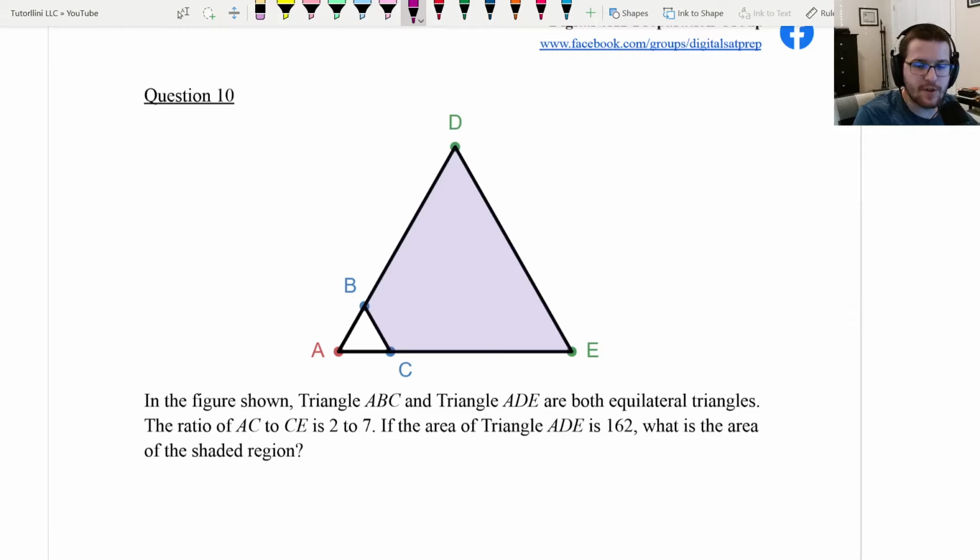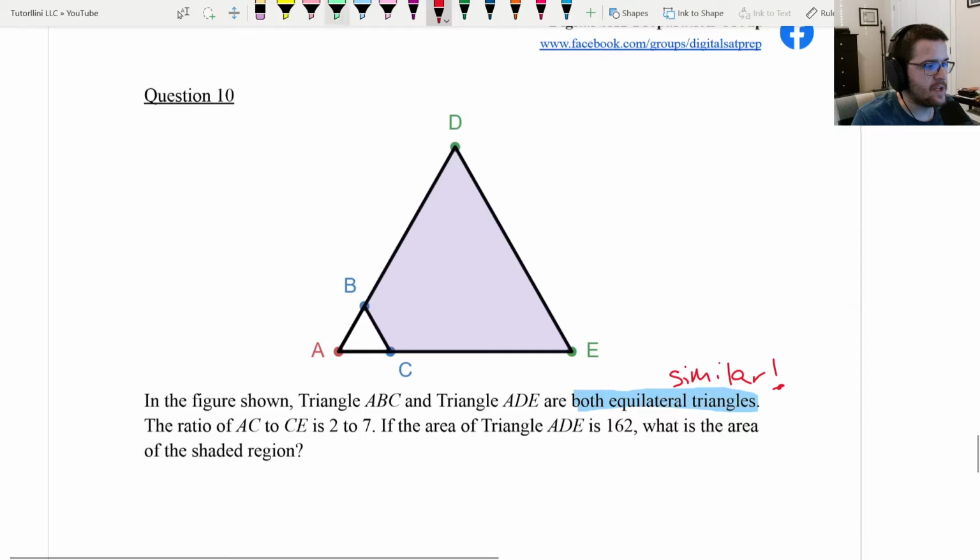Okay, this is a challenge question. So first, notice that it says they are both equilateral triangles. Remember we talked about at the very beginning, equilateral triangles, just like squares, are always similar because they have the same shape, regardless of their size. So that's important.